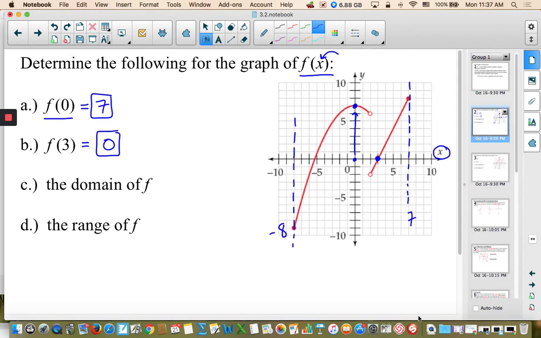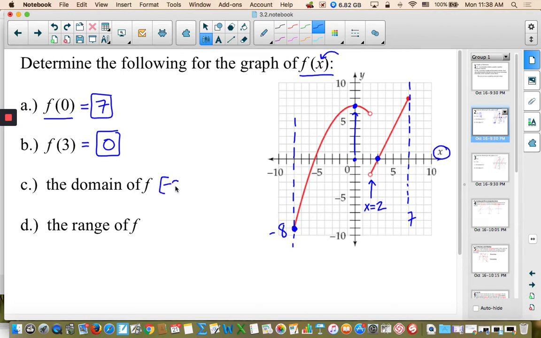However, not every point exists. If I look here, it goes up like this, and there's an open circle here and an open circle here. So right here, when x equals 2, this graph does not exist. And then it keeps going all the way out here to 7. So to write that in interval notation, I'm going to say it goes from -8 up to 2, and it includes -8 because that's a closed circle right there.